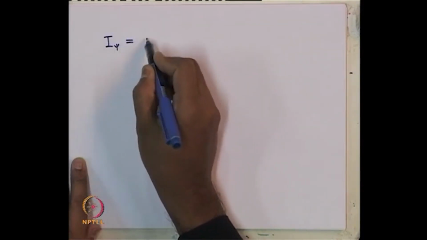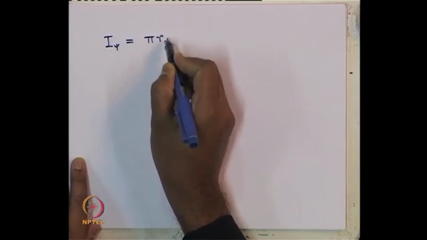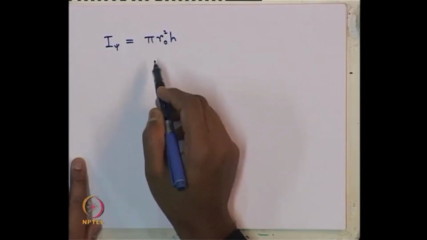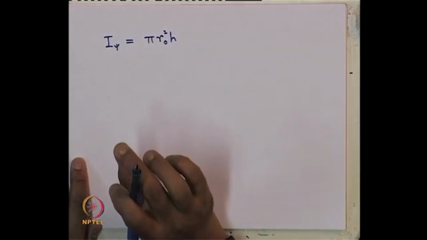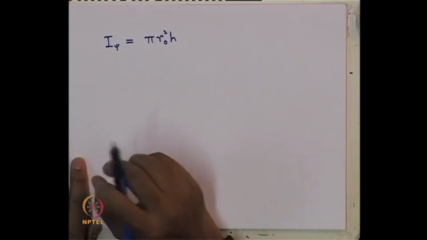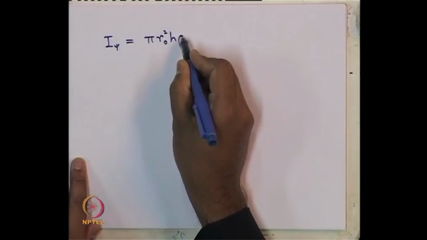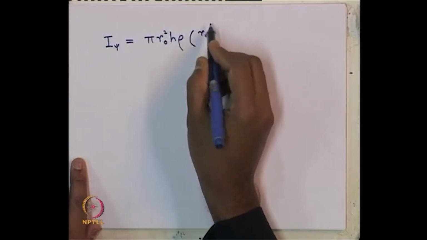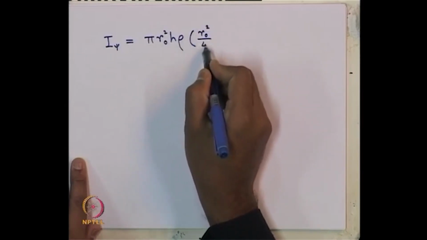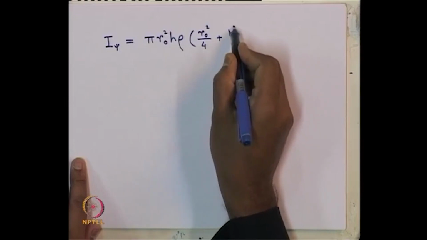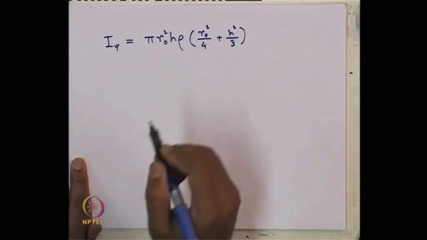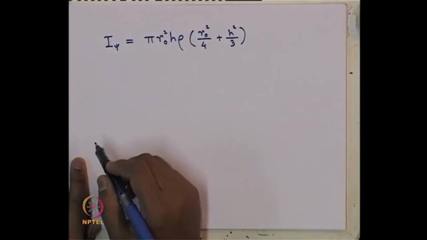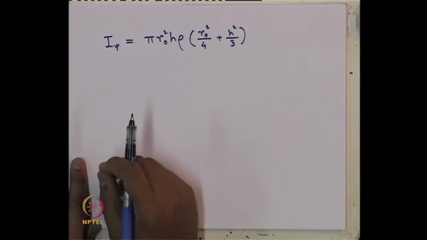That is pi r naught square h, where r naught is the equivalent radius of the circular foundation and h is the thickness or depth of the foundation or footing, times rho times r naught square by 4 plus h square by 3. Okay. So, this is the expression to compute the mass moment of inertia about its axis of rotation for rocking mode of vibration.